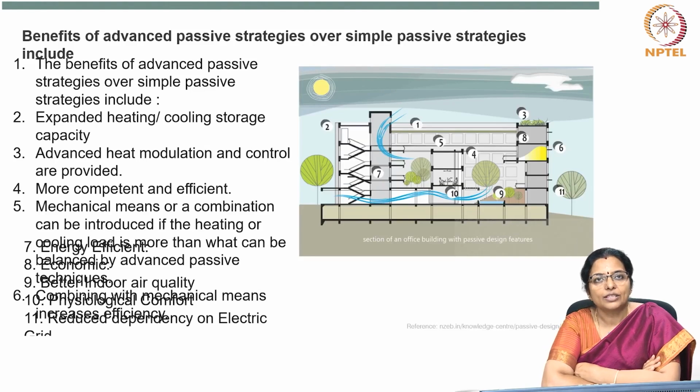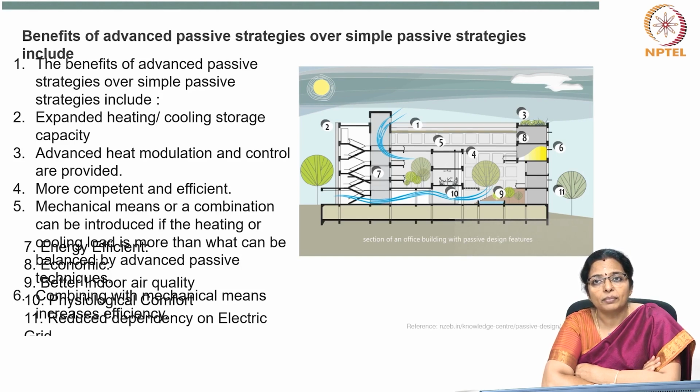What are the benefits of advanced passive strategies over simple passive strategies? The benefits will include expanded heating and cooling storage capacity, and advanced heat modulation and control can be given.